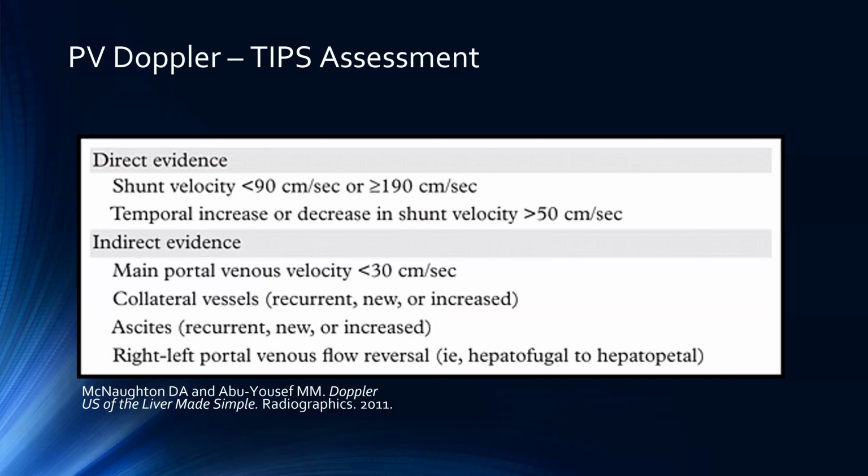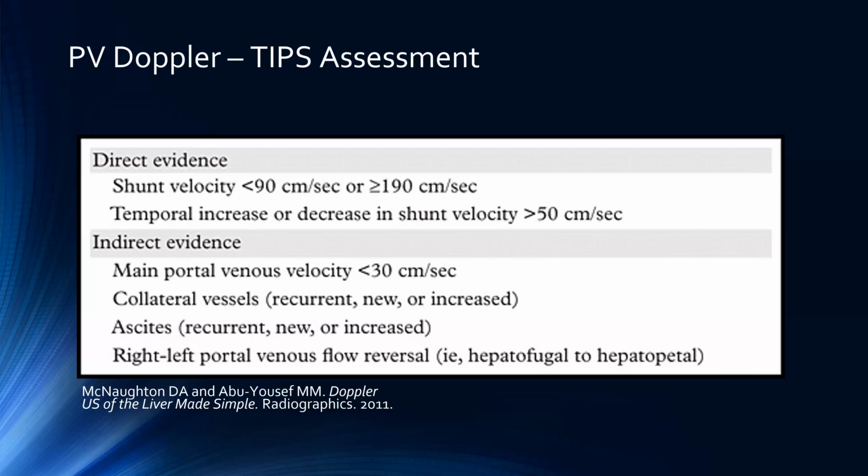Stenotic malfunction is going to be a little bit more challenging, but direct signs that you can see potentially are going to include abnormal velocities, either a high velocity or abnormally low velocity within the shunt, or an abnormal change in velocity compared to prior examinations.